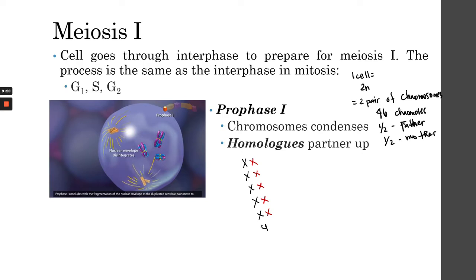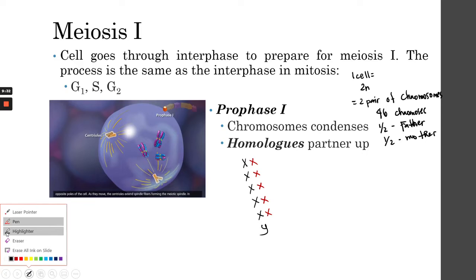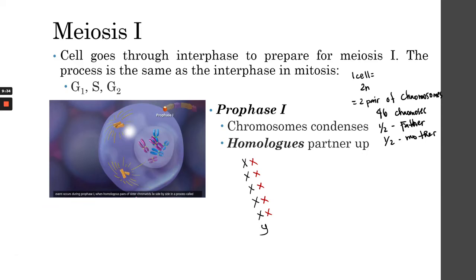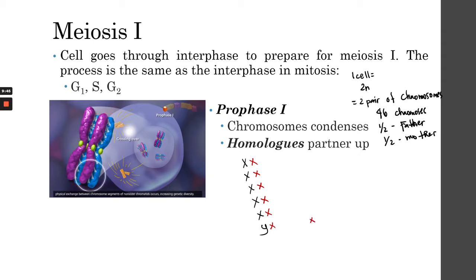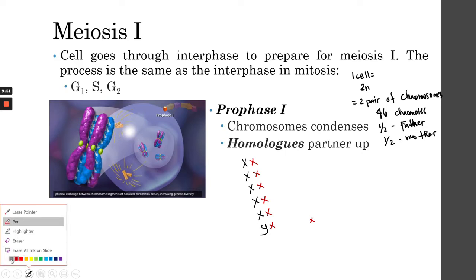So we have a Y that specifically comes from the father, and then we have the X that comes from the mother. For women, they usually have two X's, and those come from both the mother and the father.